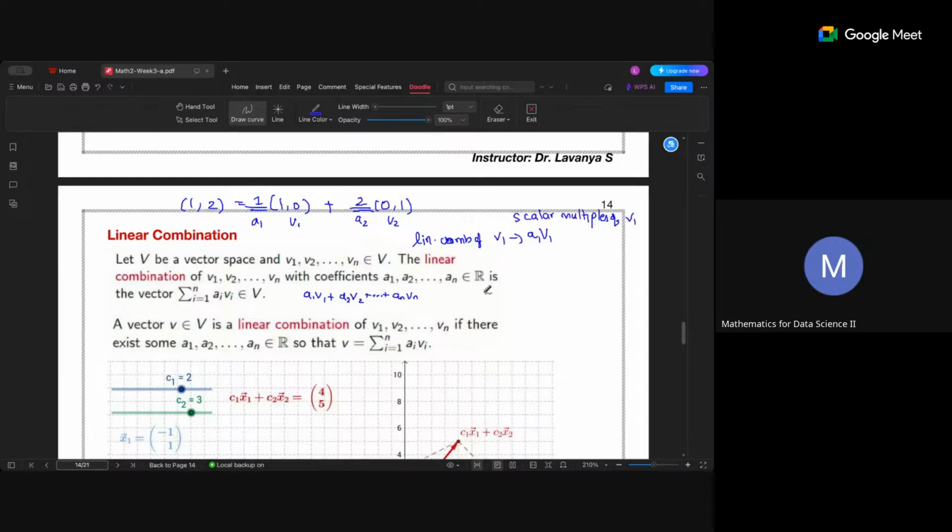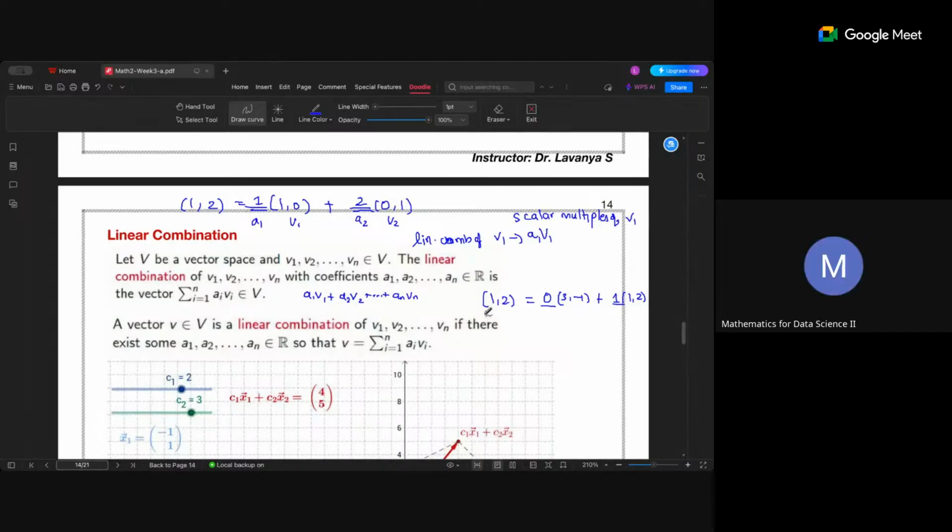For example, suppose I am having v1, v2, let us say it is some (3, -1) and (1, 2). So what can be the coefficients now? Here, 1 and 0, 0 and 1.